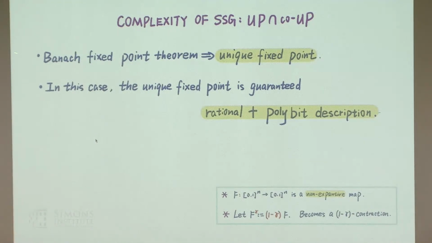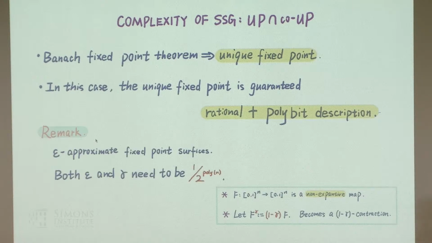So by the Banach fixed point theorem, we have a unique fixed point, and we are going to use this unique fixed point as the unique certificate to show this UP intersect co-UP upper bound. And in this case, if the underlying function is generated by simple stochastic game, we can guarantee that the unique fixed point is rational, and it has polybit description, which means it can be used as a polysize certificate.